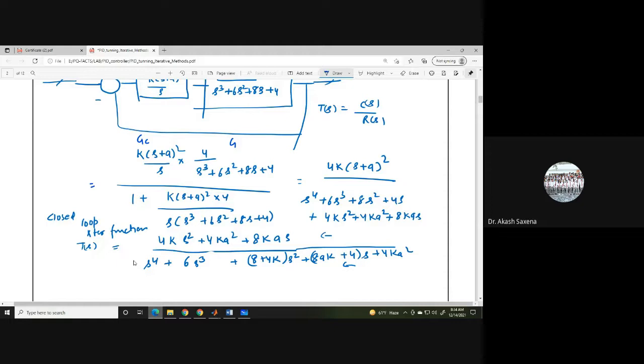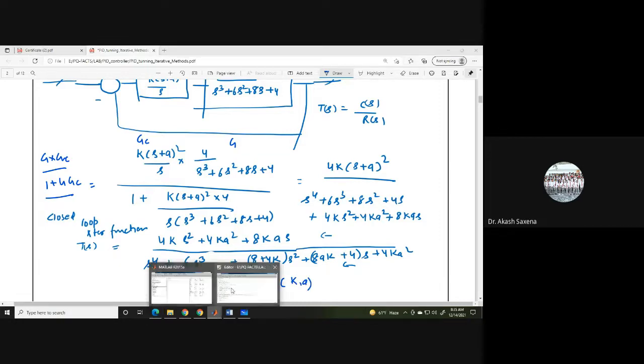So this is G into GC upon 1 plus G GC. This is how I calculated, and if I solve this transfer function, I will get 4ks square, 4k square plus 8k. So this transfer function T(s) is a function of k and a. Now we'll see the programming part.